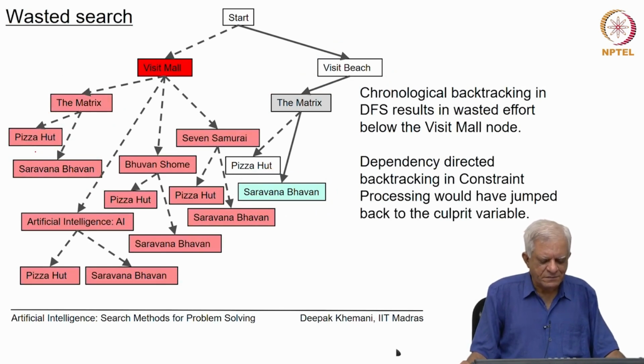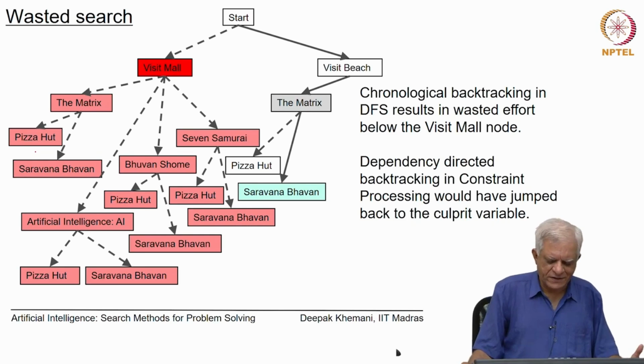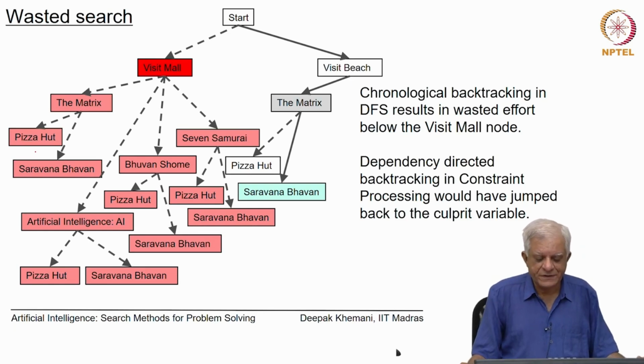In fact, this entire search tree that you see on the left hand side, colored in reddish color, is a waste of effort, because having chosen the mall, if the mall is a culprit choice, then whatever you do subsequently is not going to lead to your solution essentially. But depth first search does chronological backtracking.